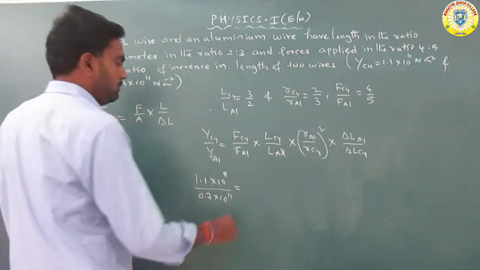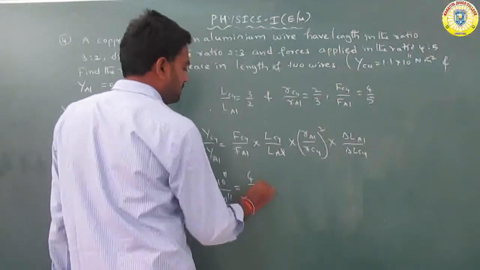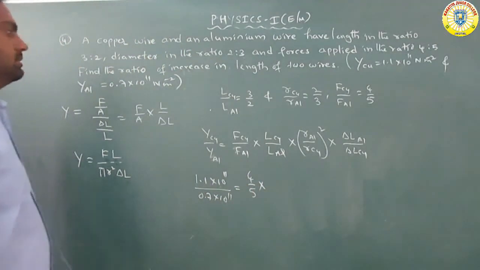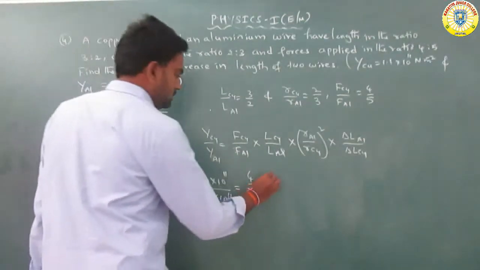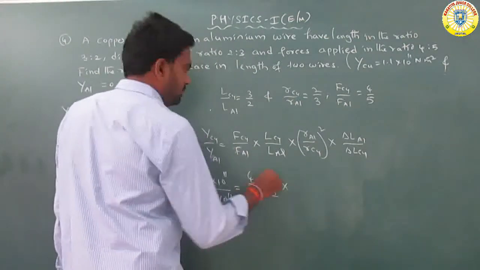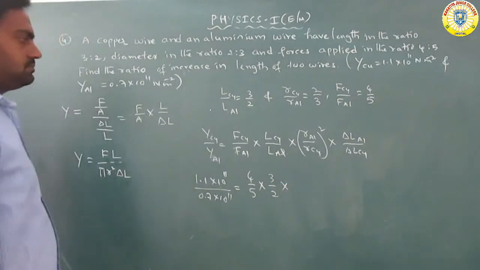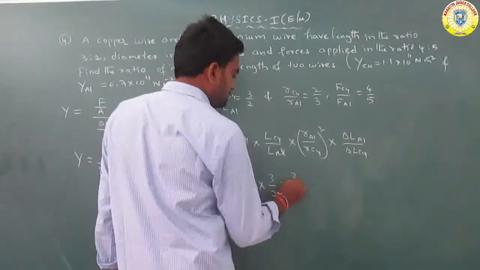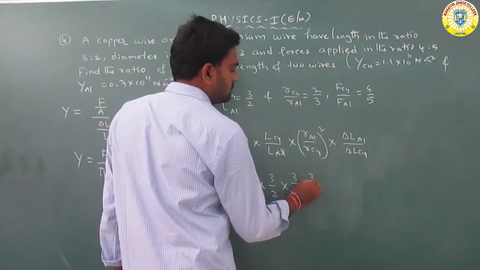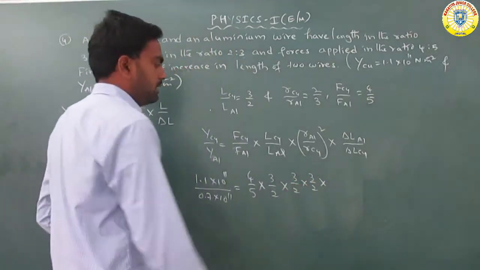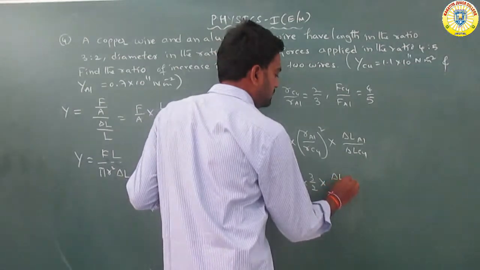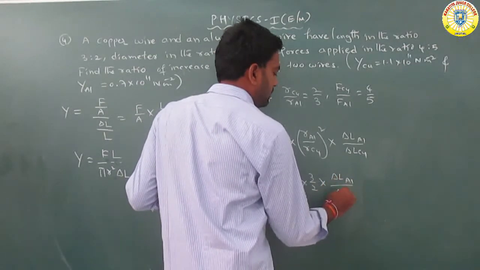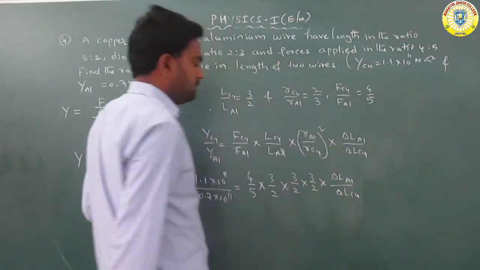So copper by aluminum is 4/5 into, the length is taken, copper by aluminum 3/2. The radius is 3/2 whole squared, so 3/2 into 3/2. Here the increase in the length of aluminum and copper is taken.